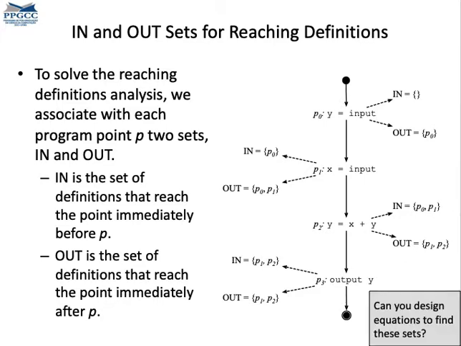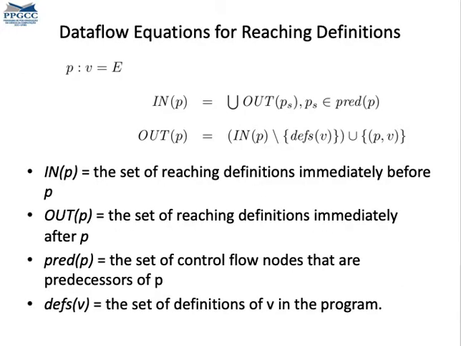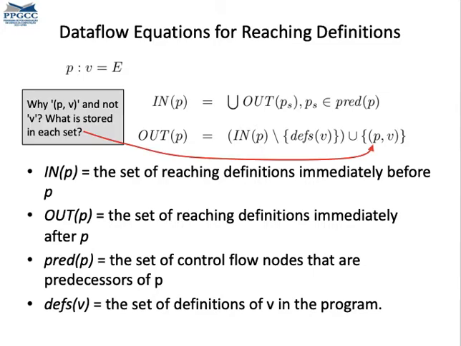Anyway, can you think about the equations for this data flow analysis? If you want, you can stop the video and try to transpose the equations that we had seen before to this new setting. Here you have them, the equations for reaching definitions. However, notice that we are representing data flow facts as pairs here. Each pair is formed by a program point plus a variable name.